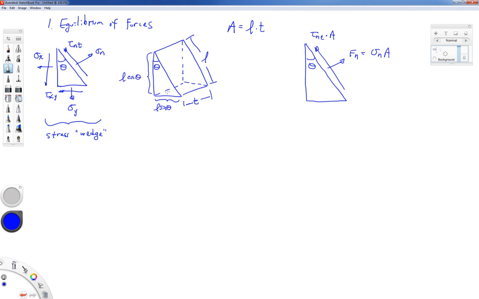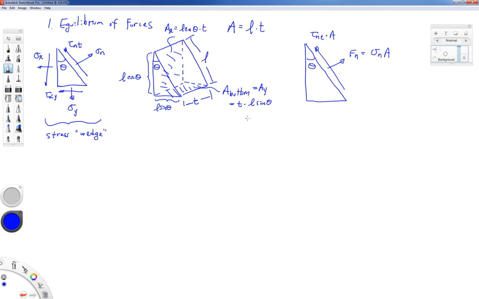So what that means is the area on the bottom, I'm shading in right here, which I will call A y, because it's perpendicular to the y-axis, is going to be equal to the thickness T times L sine theta. The area on the back side, we'll call that A x. That's going to be L cosine theta times the dimension T.